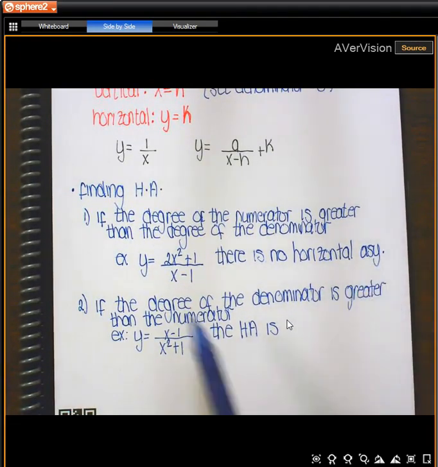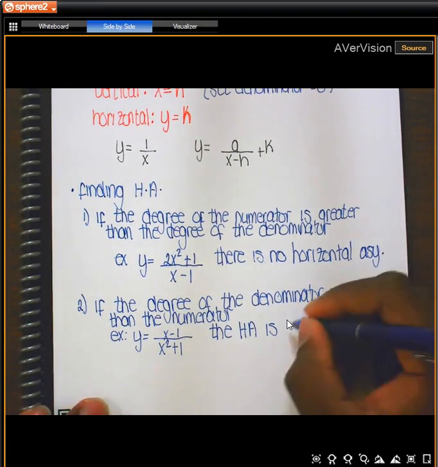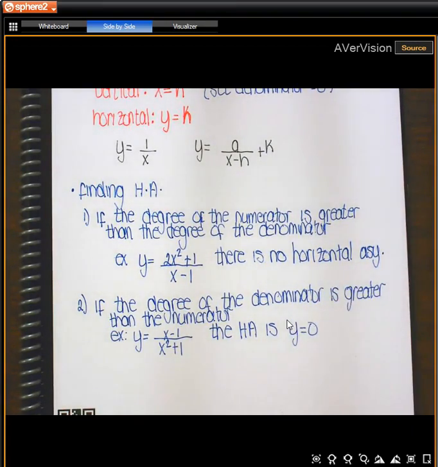When the numerator is a higher degree than the denominator, we have no horizontal asymptote. But what about when the denominator is greater degree than the numerator? Do you remember? Yes. It's always going to be y equal to 0.